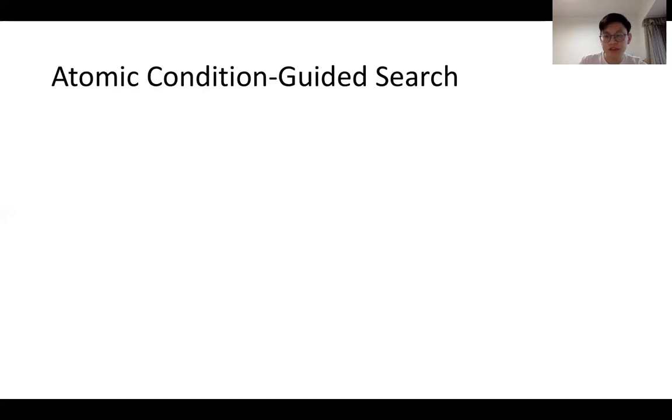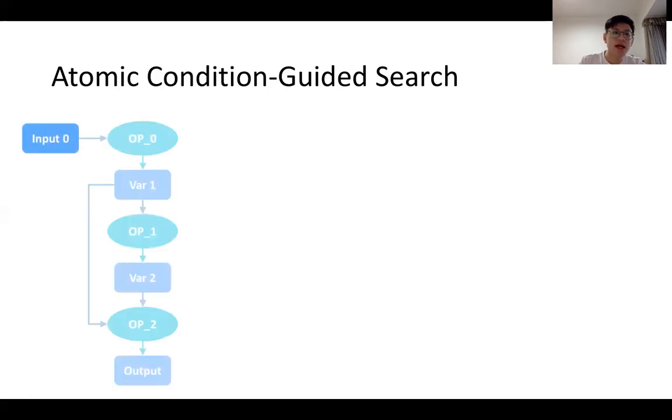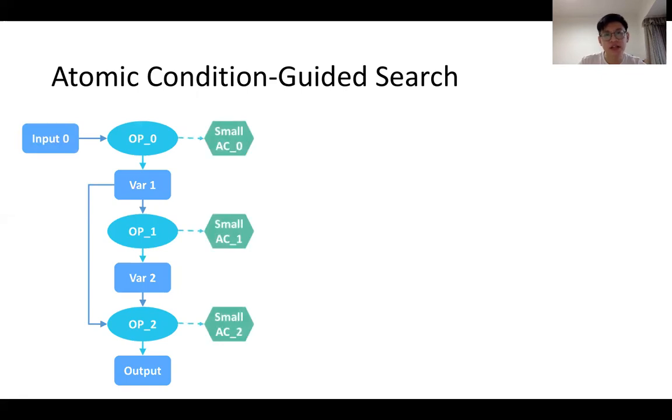All the previous discussion leads to our final approach, atomic condition guided search. This is a dynamic search-based approach. In this approach, we first generate input, track its execution, and calculate the atomic condition on each operation. Our goal is to find the largest atomic condition on each operation.